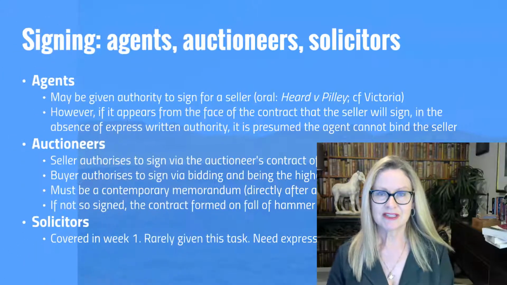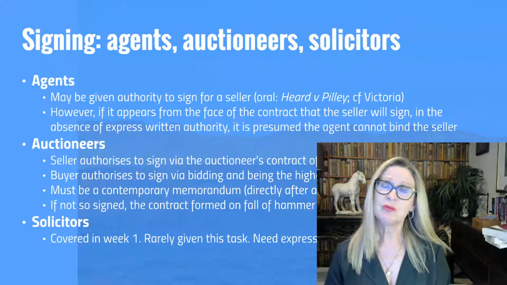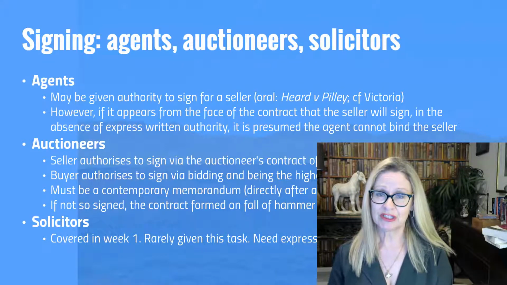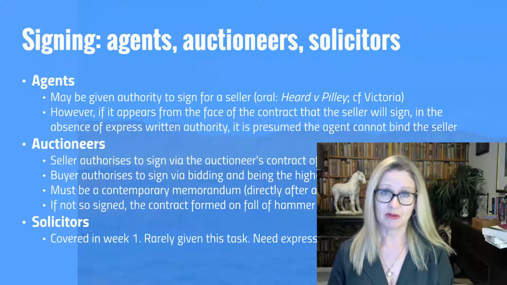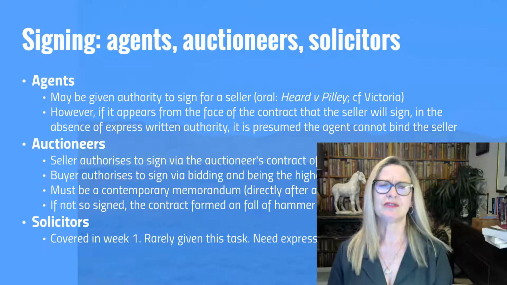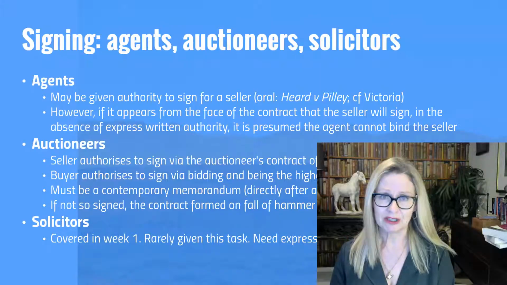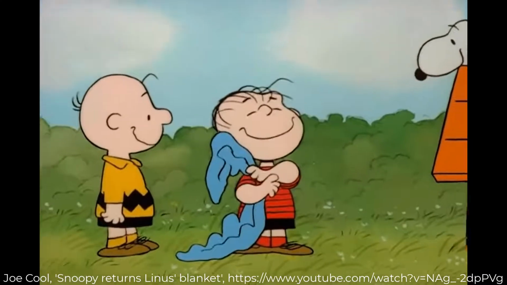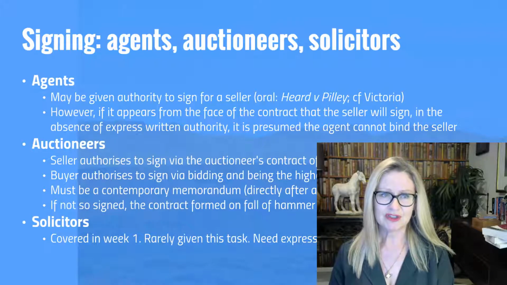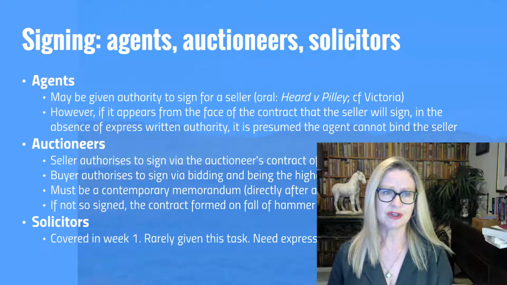Now, if the contract is not signed by the party to be charged, it needs to be signed by some form of authorised nominee. And so you might have your agent or an auctioneer or a solicitor signing the contract instead of the party to be charged. This stuff should all feel very reassuringly and comfortably familiar. We traversed this kind of information in contract law, so I'm just touching on it once again in terms of agents.